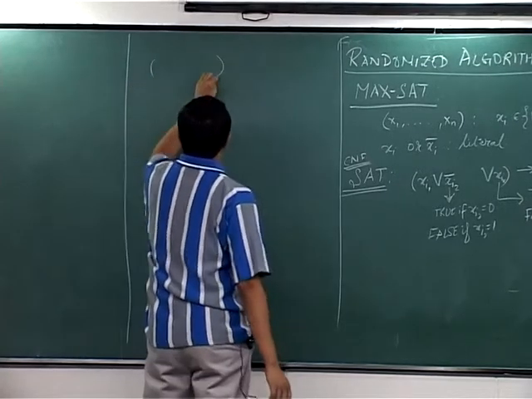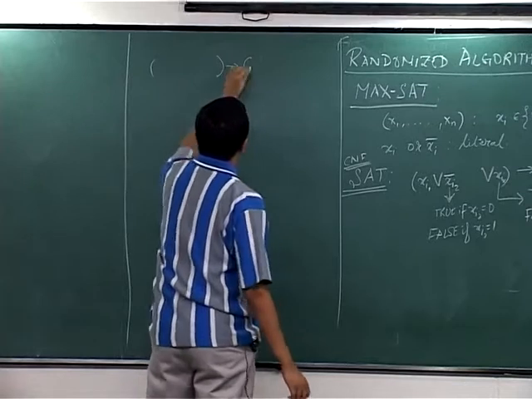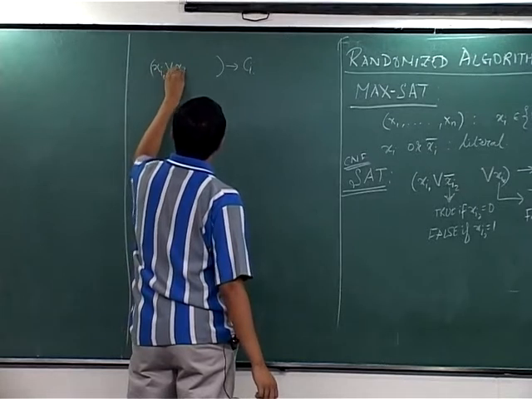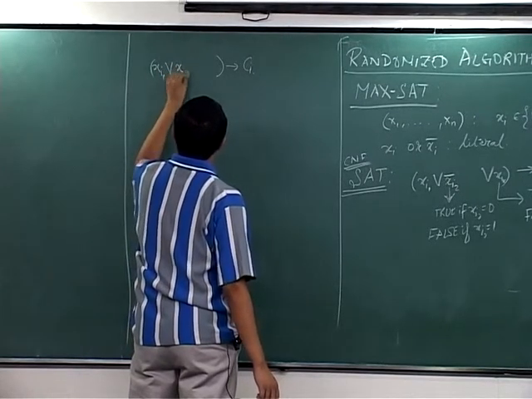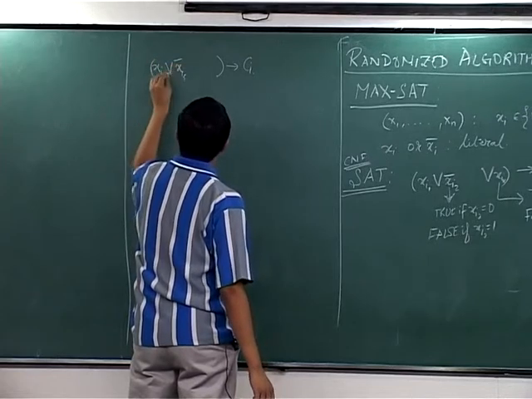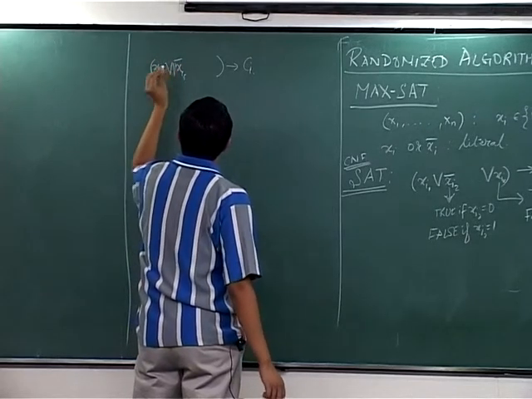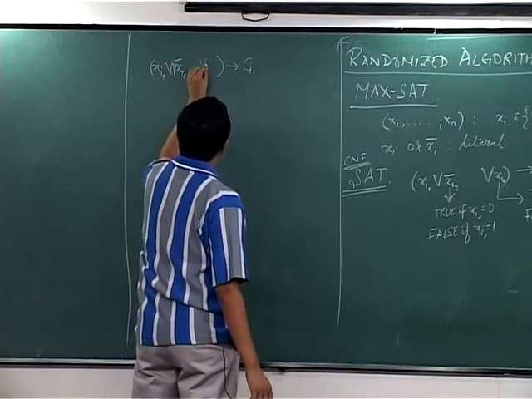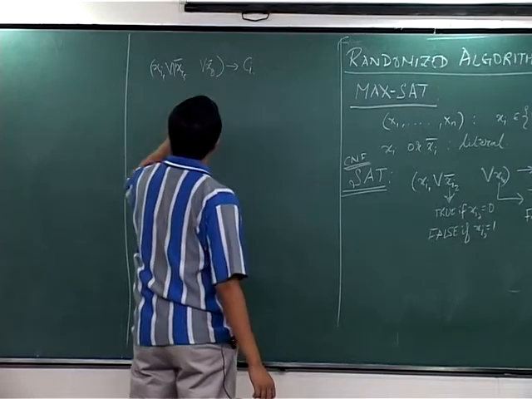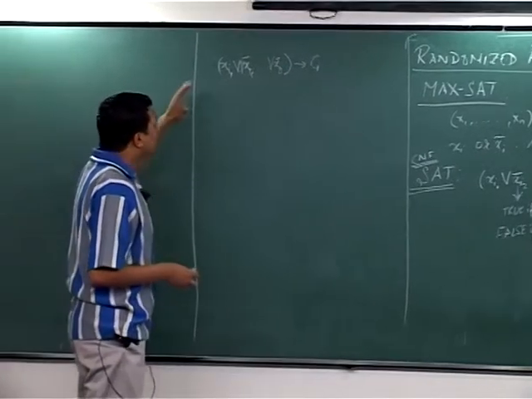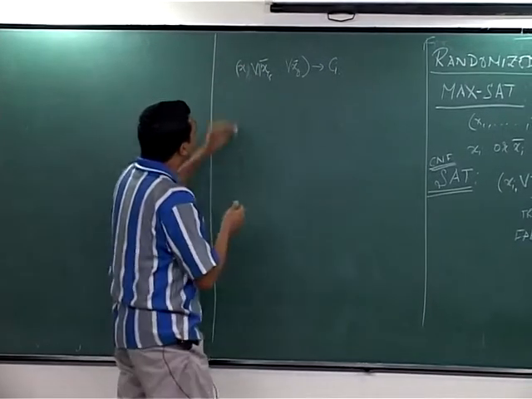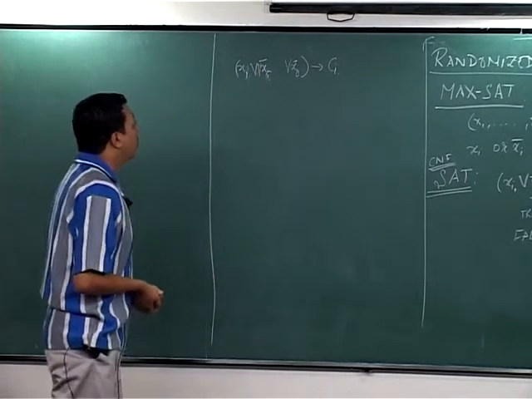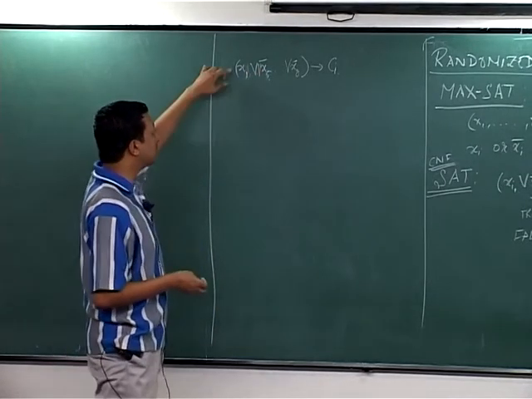You look at a clause, some clause ci. It has some variables, xi1 or, let's say, xi5 bar, or whatever. What is the probability that this clause gets satisfied?